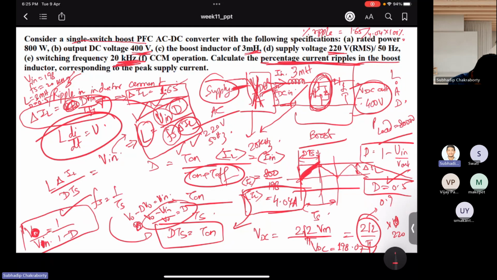But it is asking for peak supply current, right? Have you seen that? That line you should see. What we are calculating is the RMS value, right?